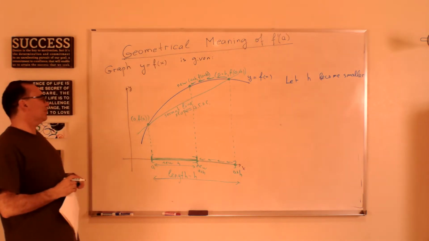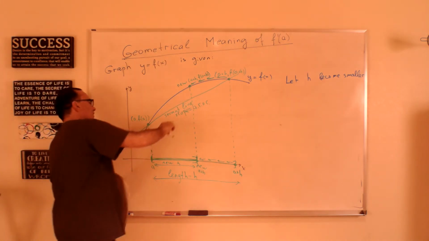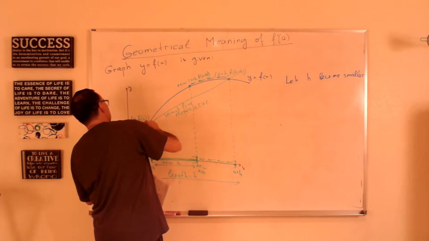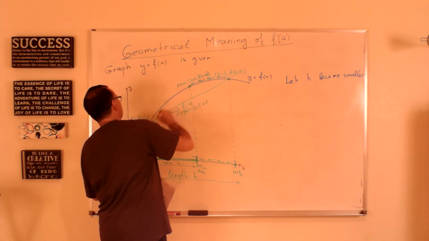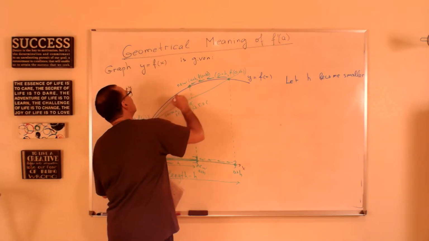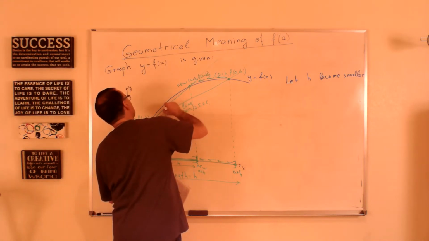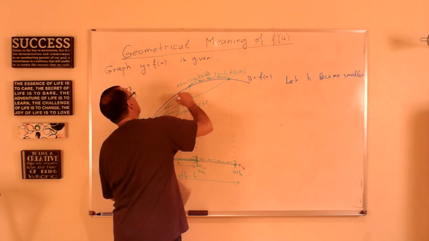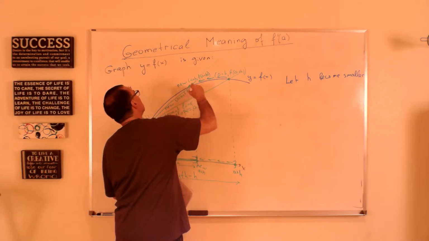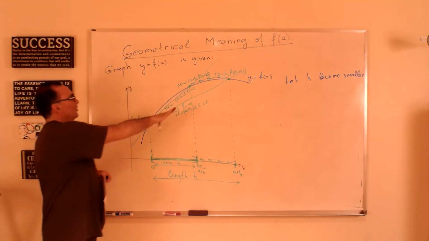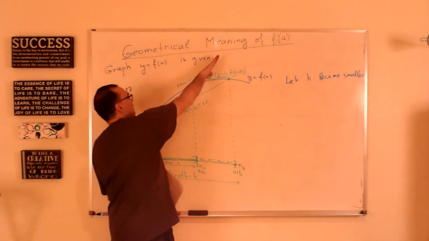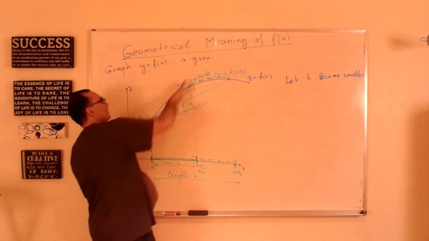And the question is now, what happens to the secant line? Secant line will now connect this same point with the new point, which means it will now be like this. So this is my new secant line. The new secant line is now located a little bit sharper, so the slope of this line is a little bit higher.